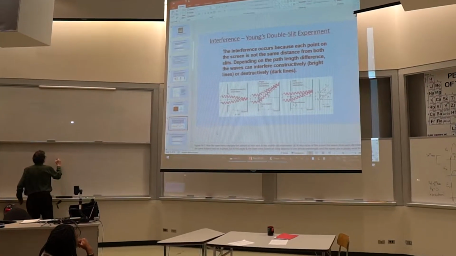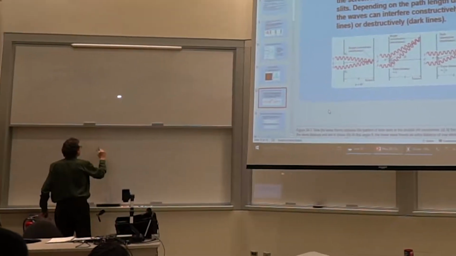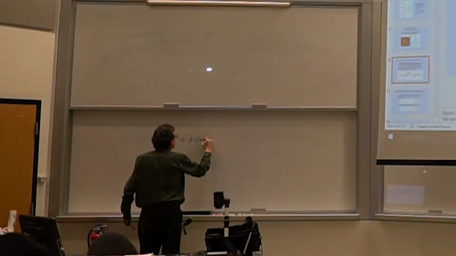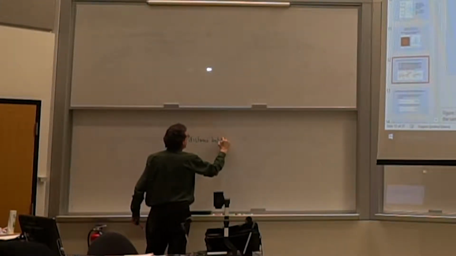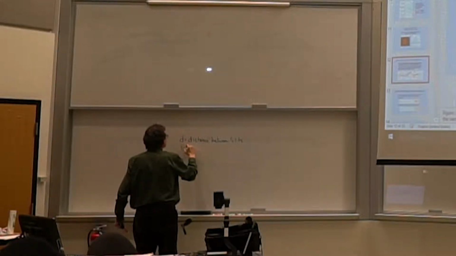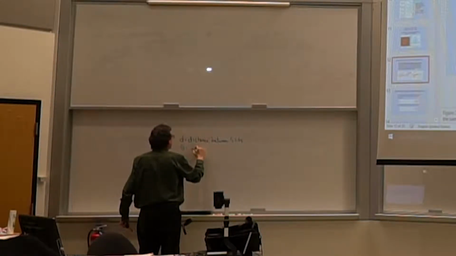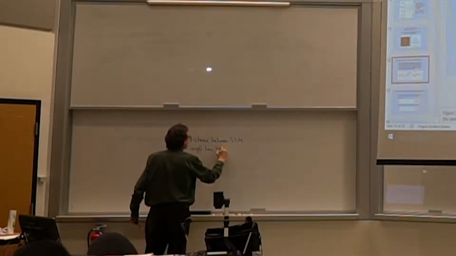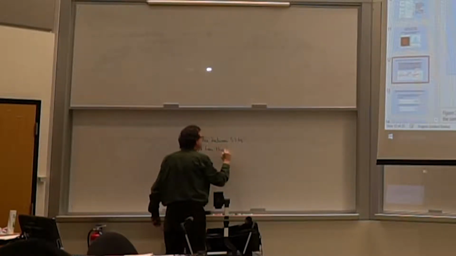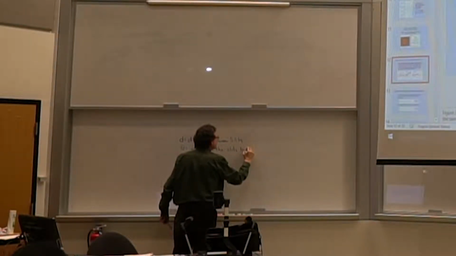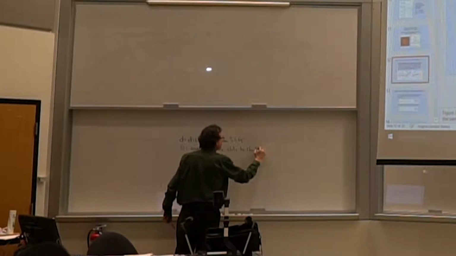So d is equal to the distance between the slits. Theta is equal to the angle from the slits to the screen, to the point P, to the point on the screen.